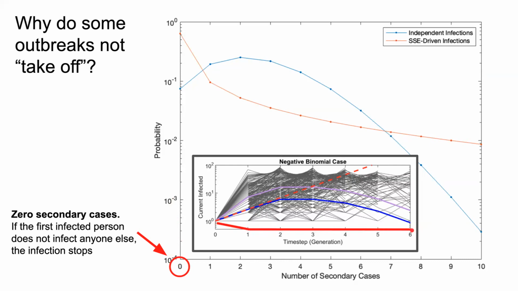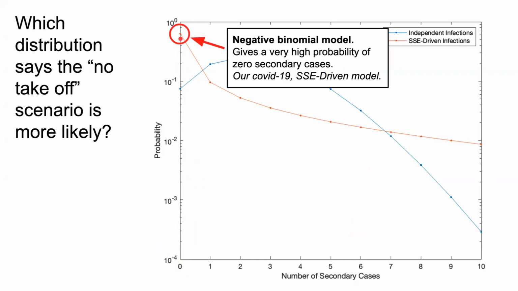It didn't spread to anyone else. It turns out, for this negative binomial model that we've set up, the probability of having zero secondary cases is really high. It's about 60%. So this is actually the most likely outcome according to this model.